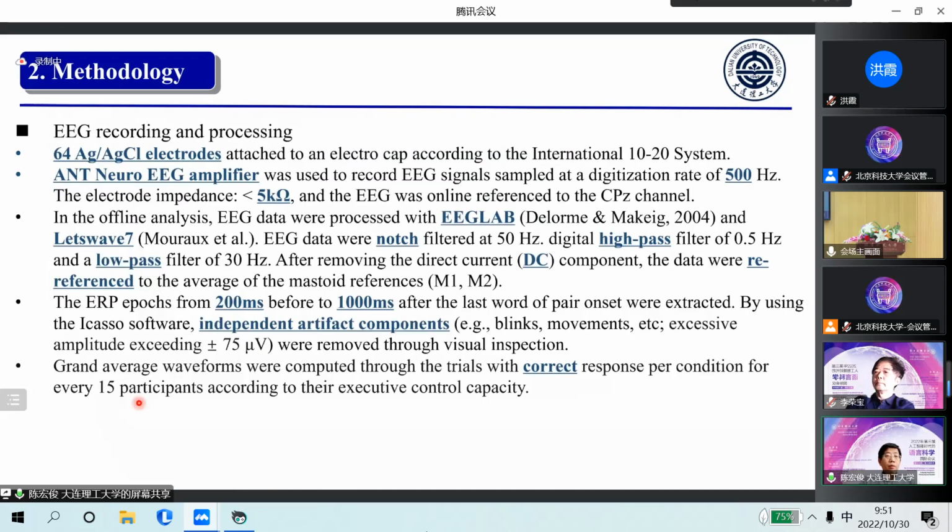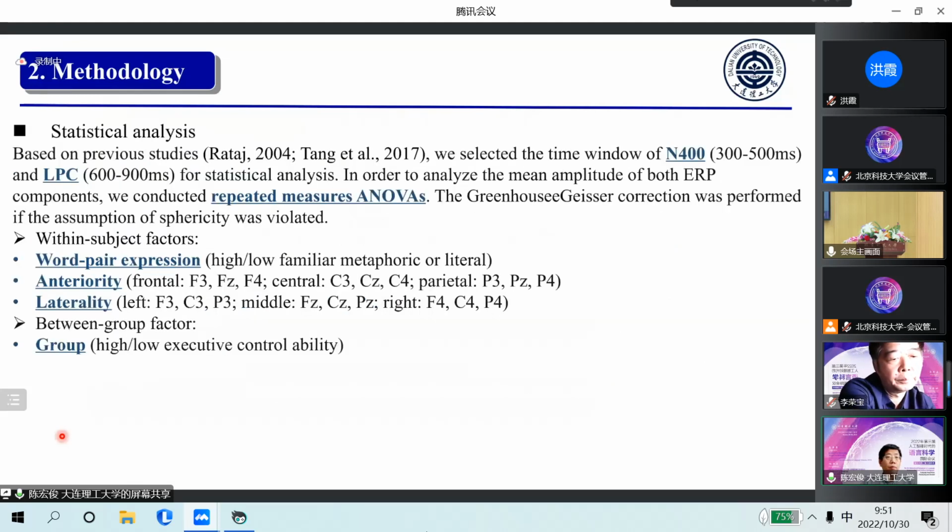And then we use the ANT EEG recording system. This is the normal EEG recording data processing. And then for the statistical analysis, we conduct repeated measures ANOVAs, with within-subject factors and between-group factors.